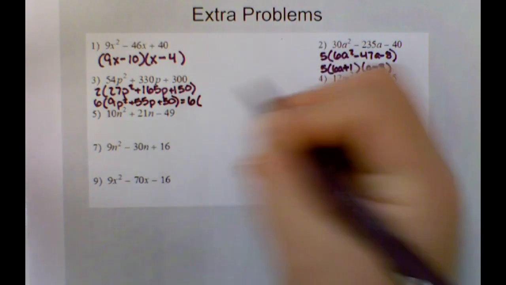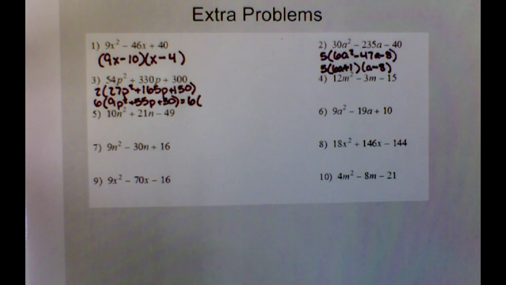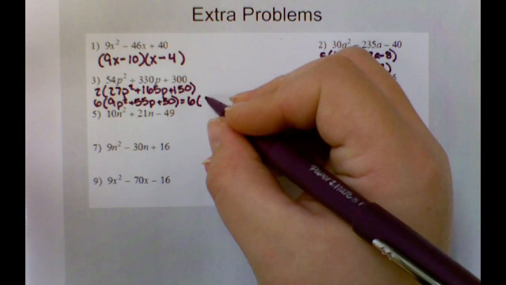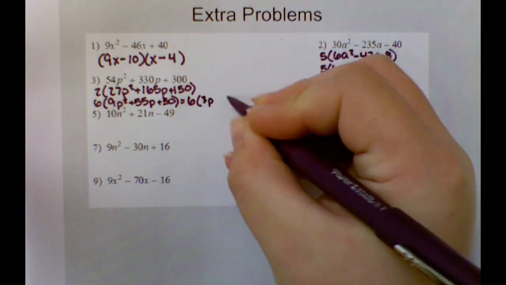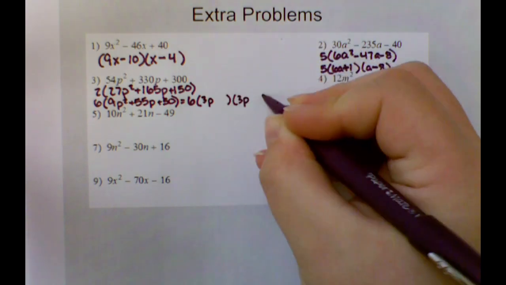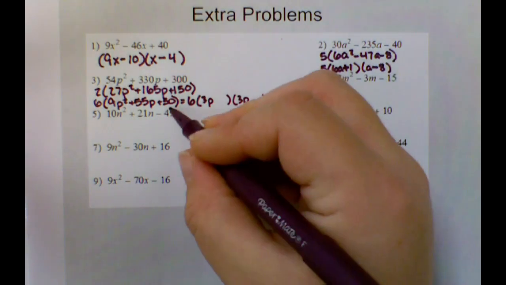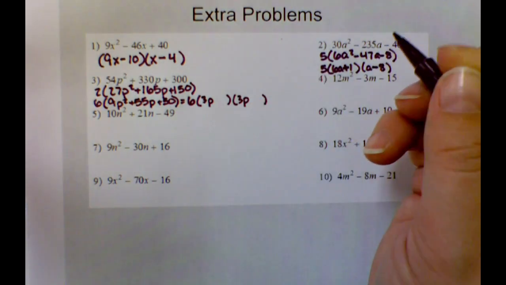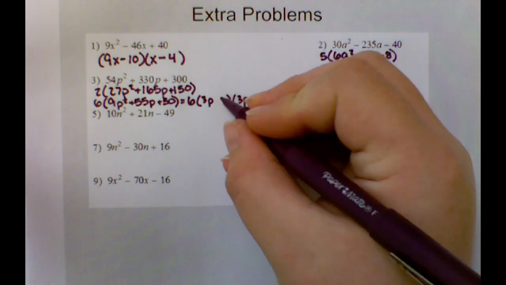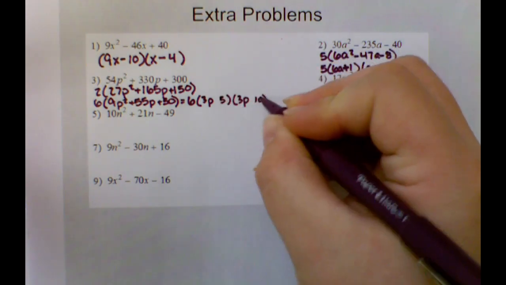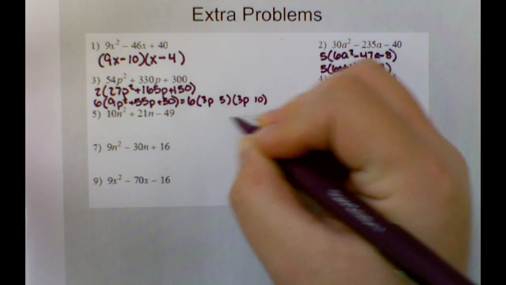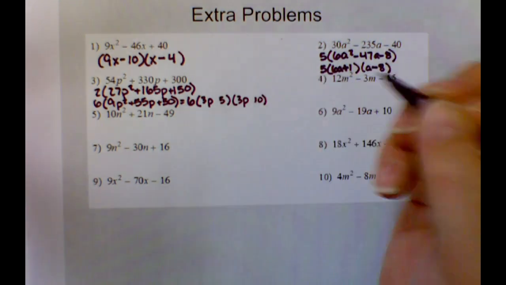So we have 6 to break apart 9p squared. Ooh, this one might take me a little scratch work because I haven't done it ahead of time. I think I'm going to go with 3p and 3p. To get 50, I could do 1 and 50, 2 and 25, 5 and 10. I like 5 and 10 because I get 15p and 30p. Ooh, close.